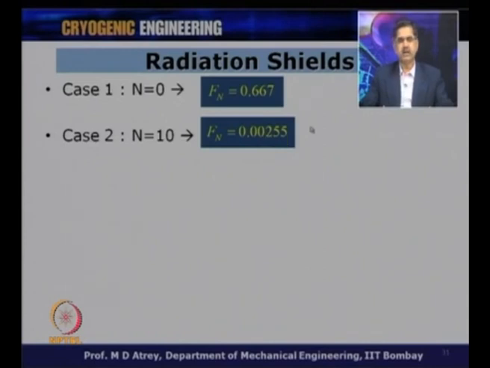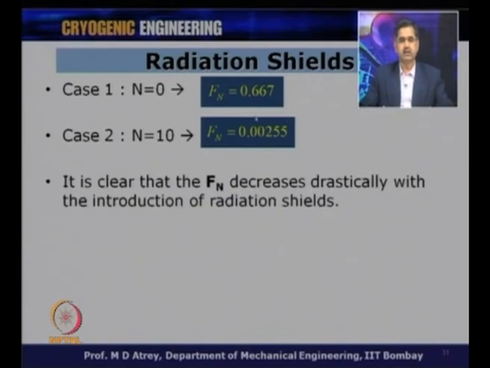This effectively means that my Q because of radiation will get reduced by such a factor. So, it is clear that Fn decreases drastically with the introduction of radiation shields, and this is one of the ways in which I can reduce the radiation heat transfer.